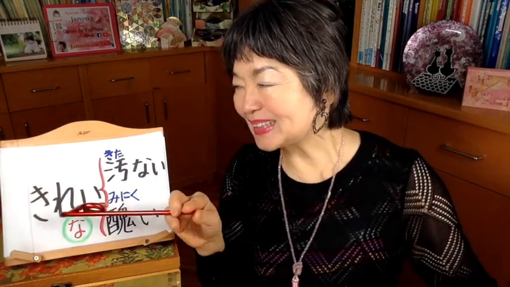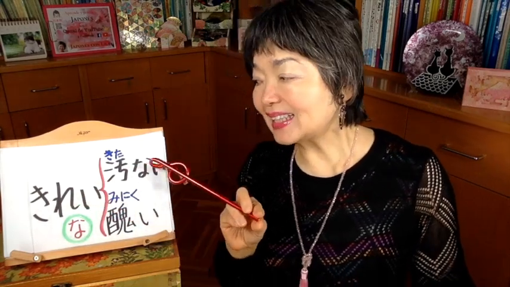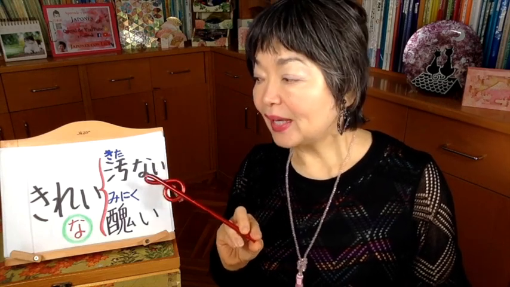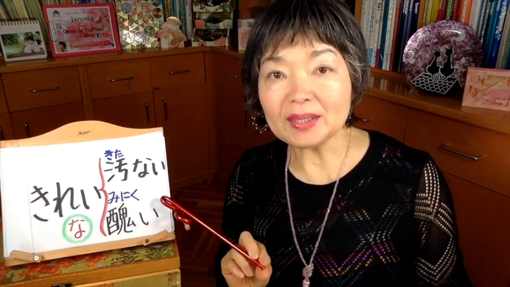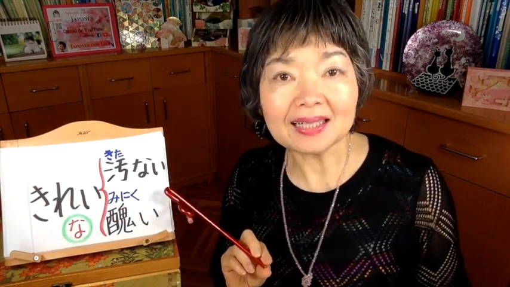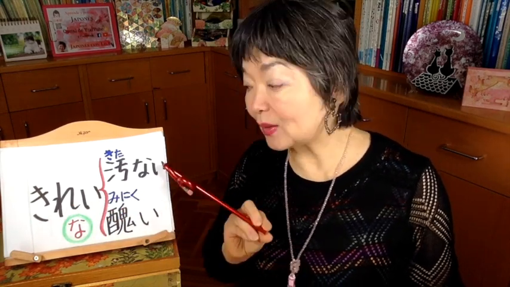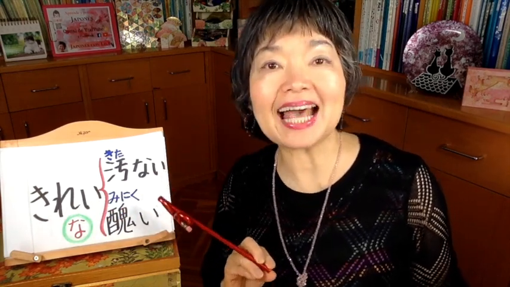For example, きれい when it's clean, 反対 is 汚い, dirty. And きれい when it's beautiful, 醜い, ugly. 汚い and 醜い end with い, so these are い形容詞.